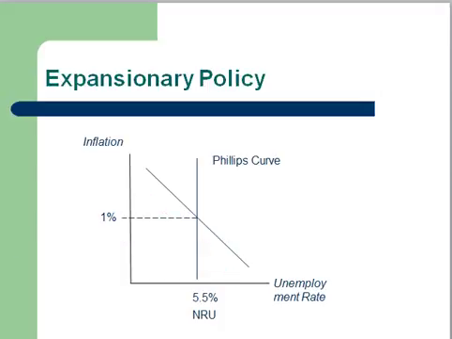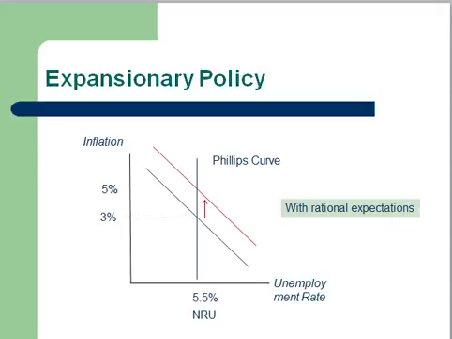Now, governments will act to influence the economy in order to adjust to business cycles. So what happens when we see expansionary policy? Well, if we're seeking an expansionary policy, the idea, if we have rational expectations, that is, we anticipate the activity to occur, then notice what happens is the Phillips curve itself is shifted upward, but the long-run unemployment rate does not change.